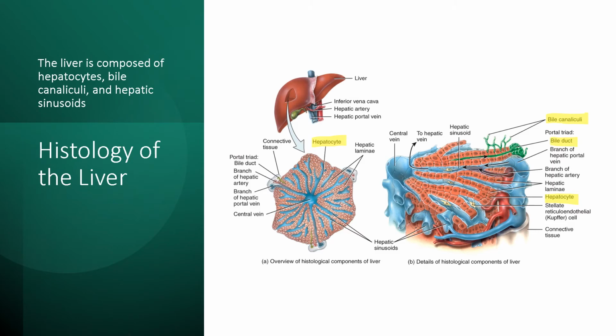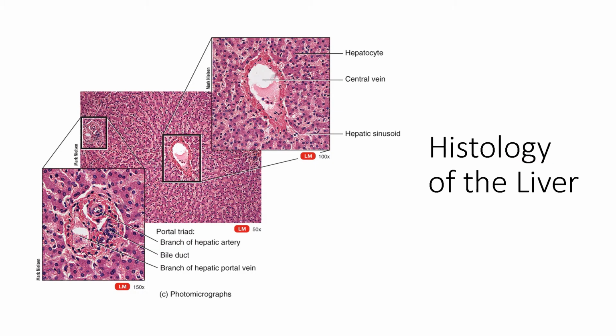Hepatic sinusoids: you also would have seen those in the pictures in the last slide. These are going to be really highly permeable blood capillaries between the rows of the hepatocytes. And they receive oxygenated blood from branches of the hepatic portal vein.